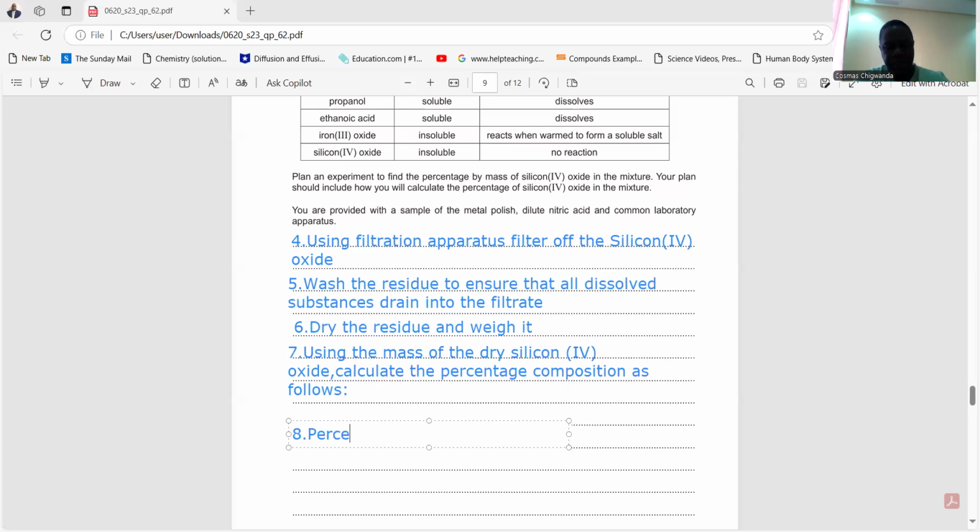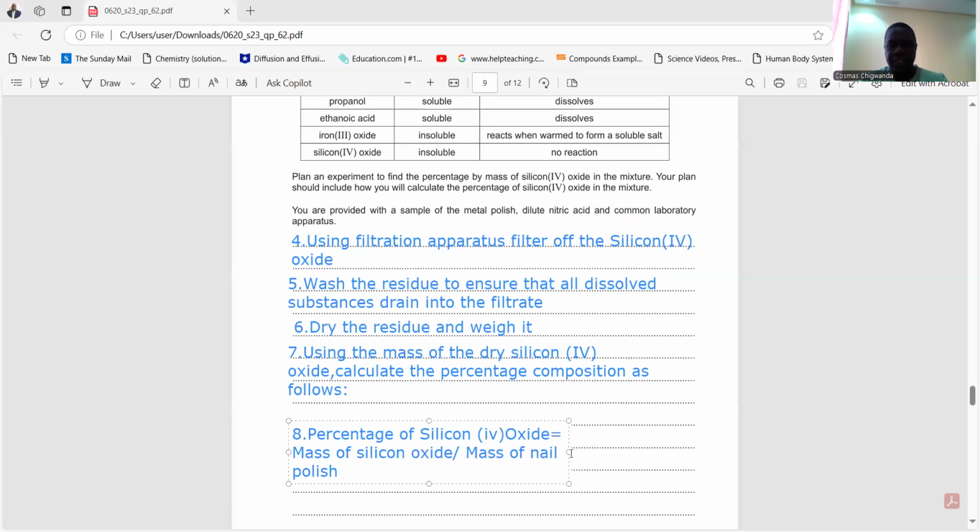Percentage of silicon 4 oxide will be equal to mass of silicon oxide, everything over mass of nail polish.